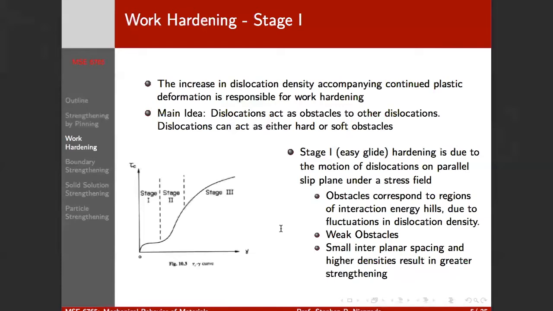But is that a strong obstacle or a weak obstacle? It's going to be pretty weak. The stress of a pileup is fairly small. But if we have dislocations that are running at an angle to the slip plane, cutting across the slip plane, when these defects interact, they're going to leave a jog. That's what we call forest hardening, and that's a much stronger obstacle than defects that lie in the plane.